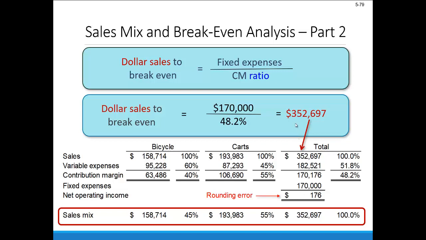The other thing to point out is that at this total company-wide sales of almost $353,000, we're assuming that 55% of it is carts. So 55% of that number is 193,983, and we're assuming the other 45% is bikes. So 45% of the 352 and change means bike sales of 158,714.